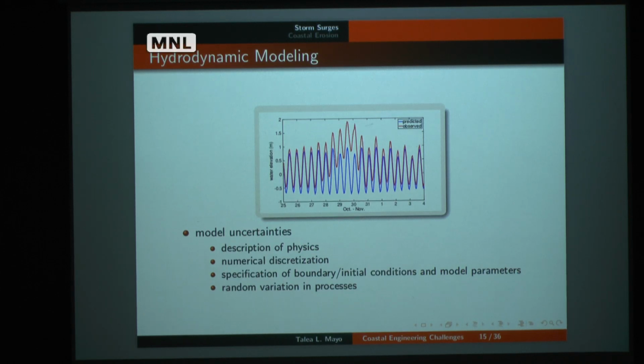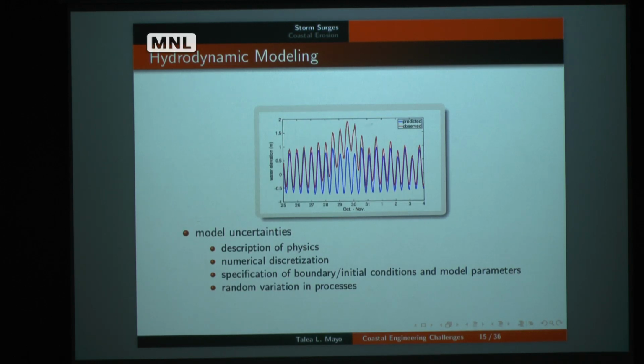We're not solving those analytically. We're discretizing the region, and that's introducing numerical error. And then you're specifying boundary and initial conditions and model parameters. There are model parameters that we just adjust so that they match data. So there's a lot of uncertainties in the things we use to even get the results out.